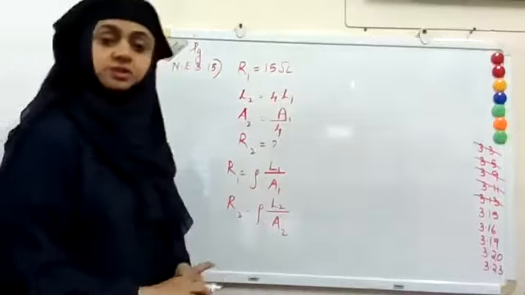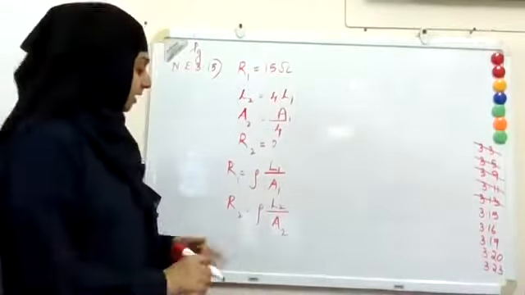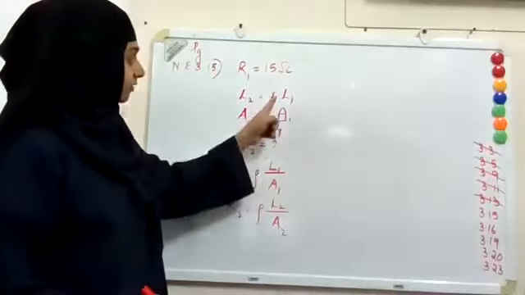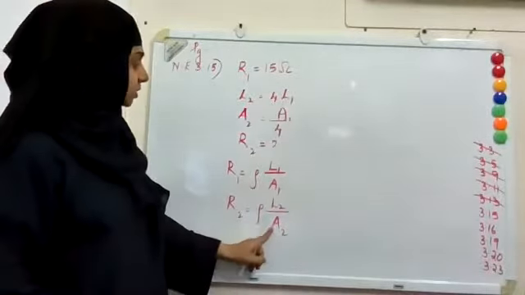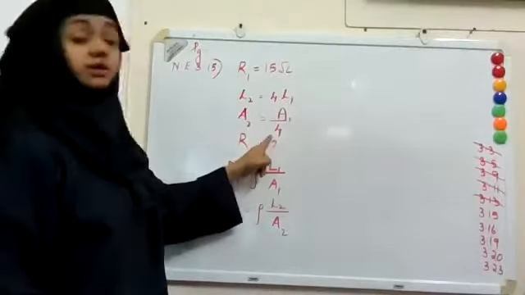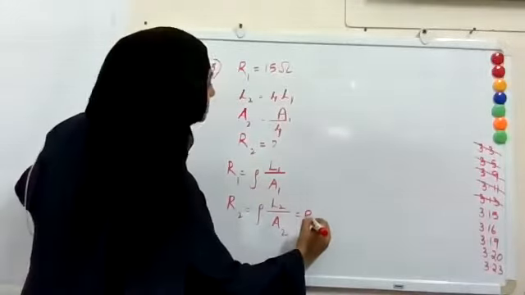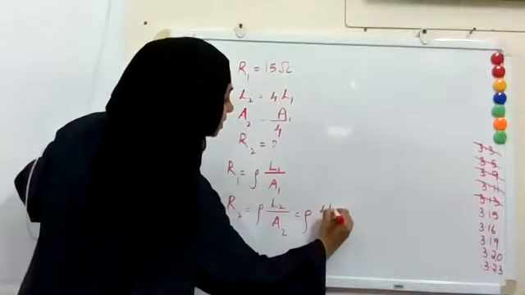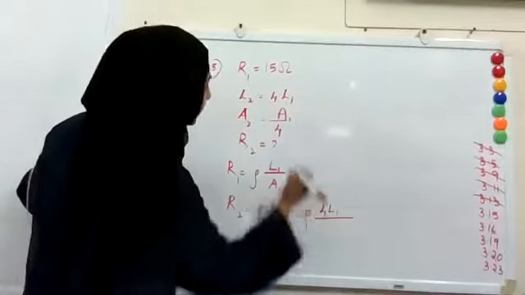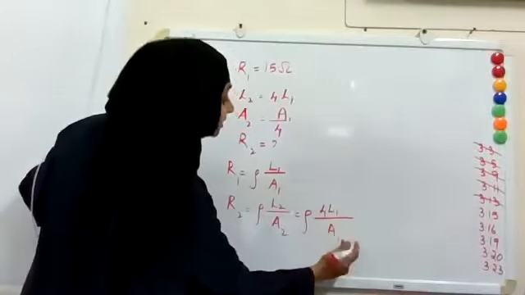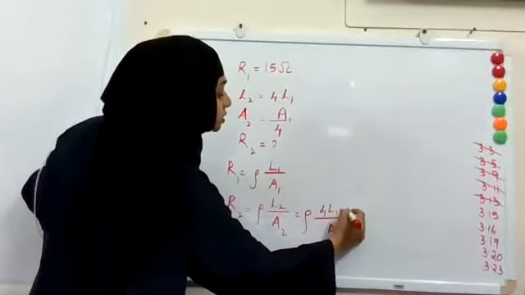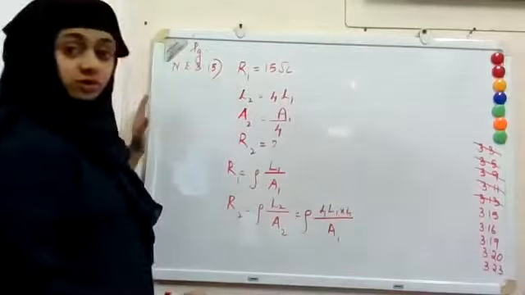So instead of L2, I can put 4 times L1, and instead of A2, I can put A1 divided by 4. So this is equal to rho times 4L1 divided by A1 by 4. So the 4 goes to the numerator.